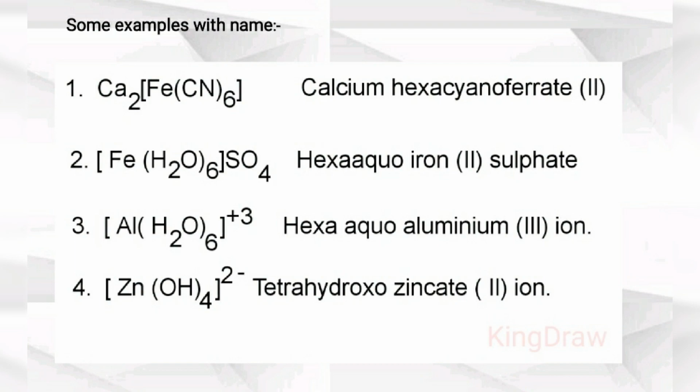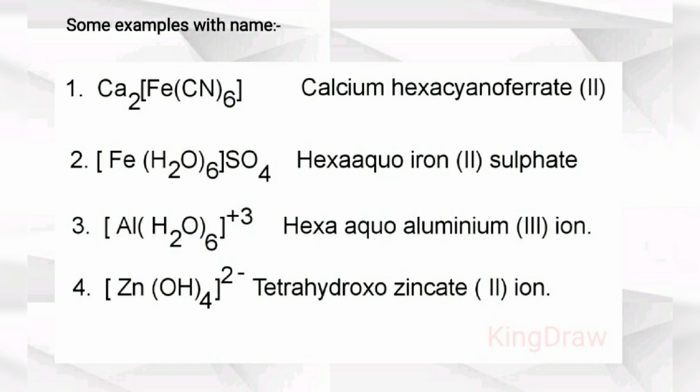Example number 4, [Zn(OH)4]2-. It is also a complex ion. Here the central metal ion is zinc, and 4 ligands of OH group, that is hydroxyl group, are present. Now it is an anion. Here the cation is not present, so we directly write the name of the anion. Here the OH group is the ligand present.